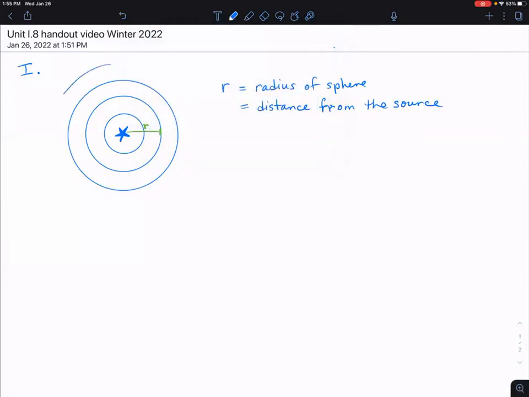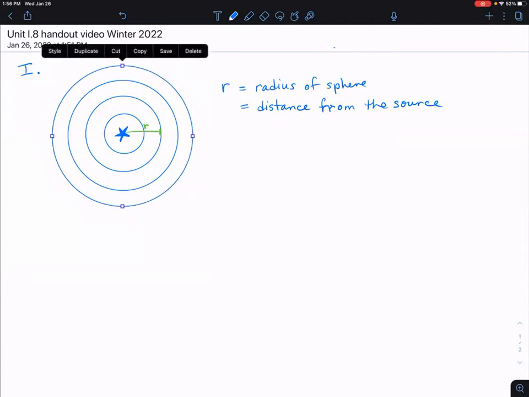I'll try to draw one more circle. See if I can get it. About the same. Okay.